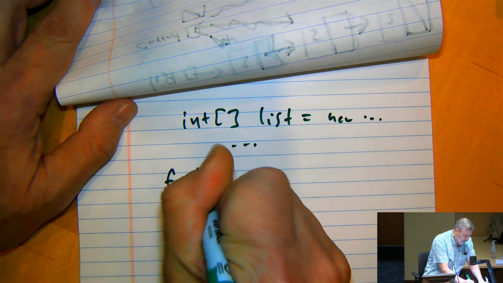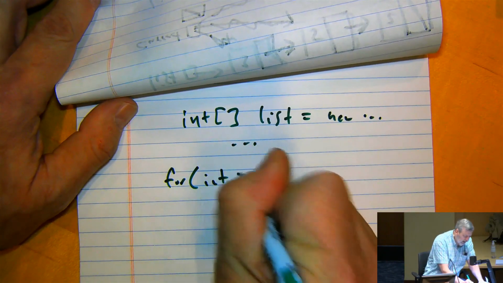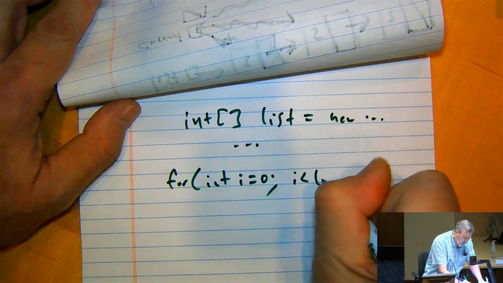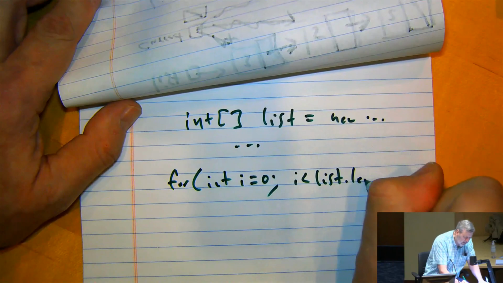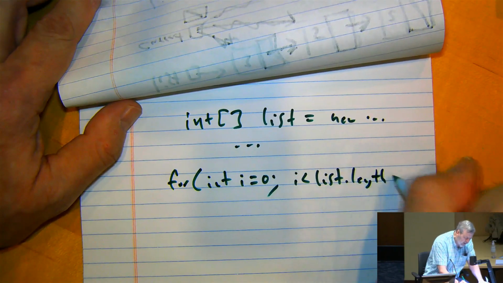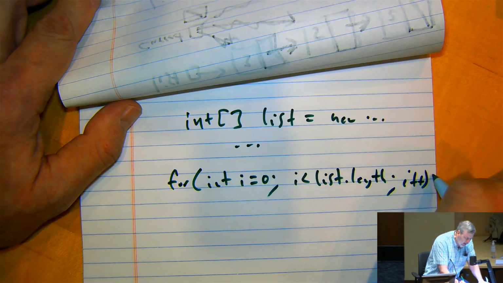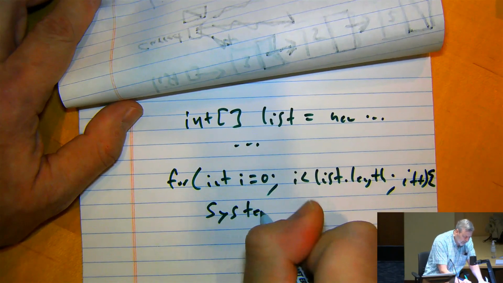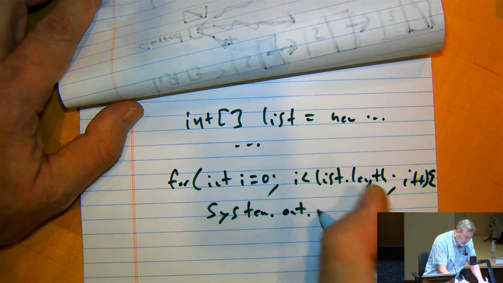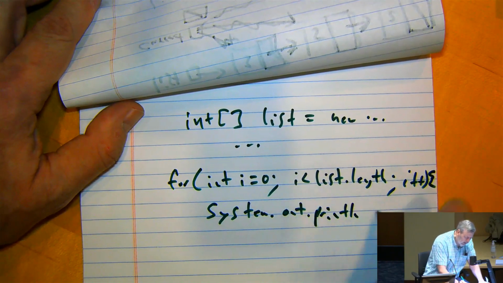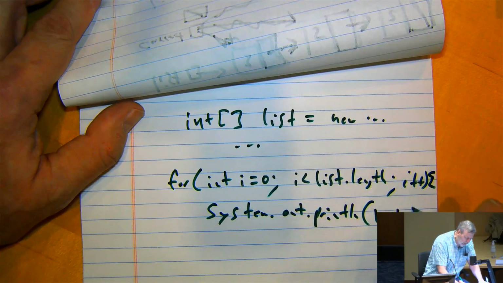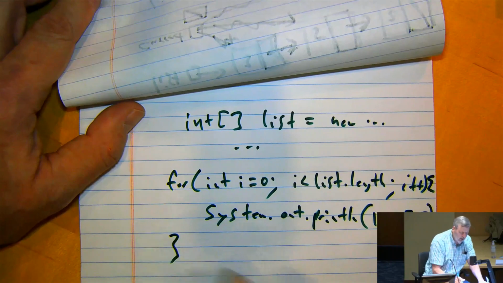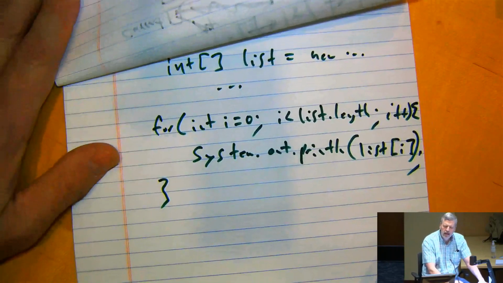The standard array traversal would be for int i starting at 0, i less than, and if it's an array called list, we'd go less than list.length, and then an i++. And inside of the loop, we would do something like system.out.println of list bracket i. So that's how we would have written this code if it had been an array instead.